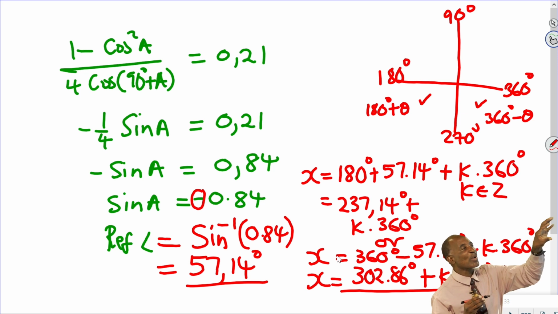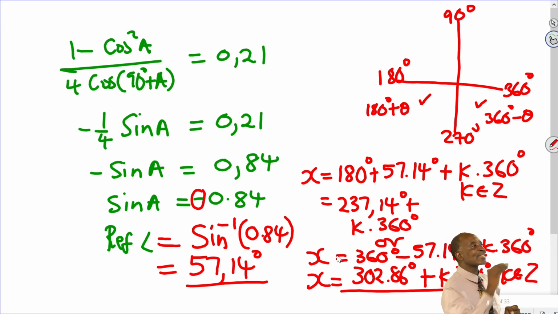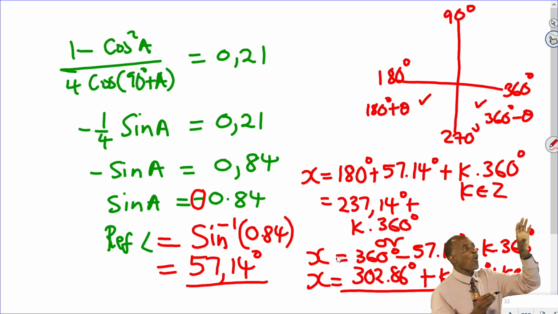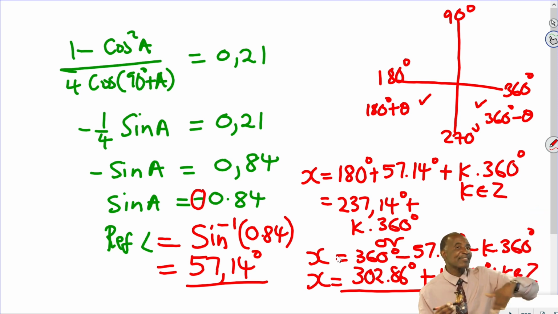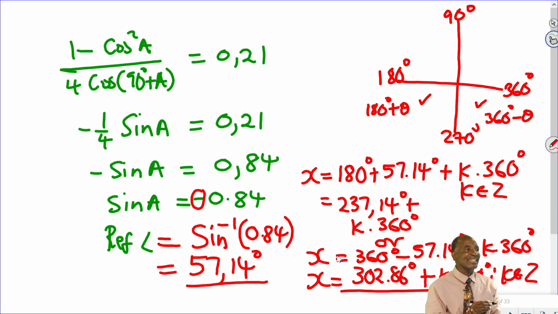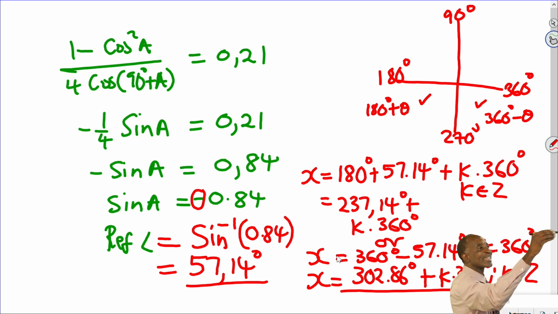So it means we need to also find other angles where sine is negative. Otherwise, if you leave out the other quadrant, your solution will be incomplete. You'd have taken only from the third quadrant and left out all the other angles that are in the fourth quadrant. So you have to go and use your theta there, which is your acute angle, 57.14, and subtract it from 360, because all angles that are in the fourth quadrant are 360 degrees minus theta.